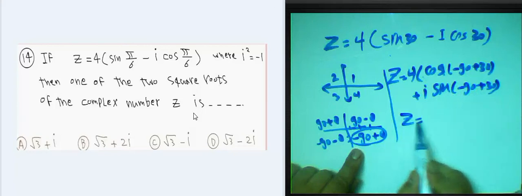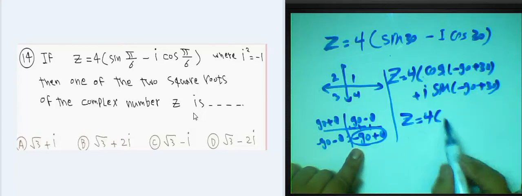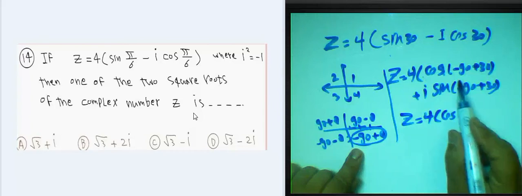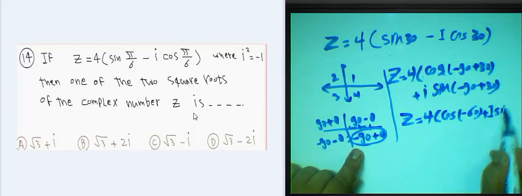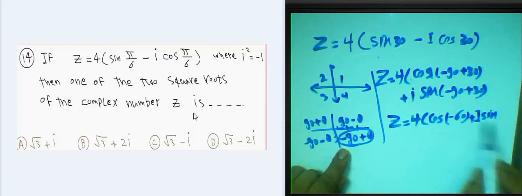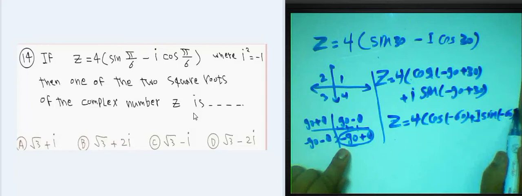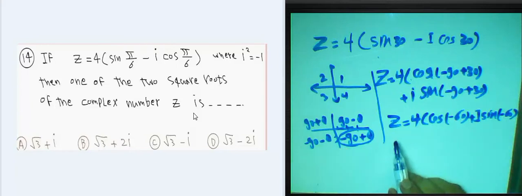Then z equals 4 times (cos(−60) + i sin(−60)). Now you want to find the square root of z.